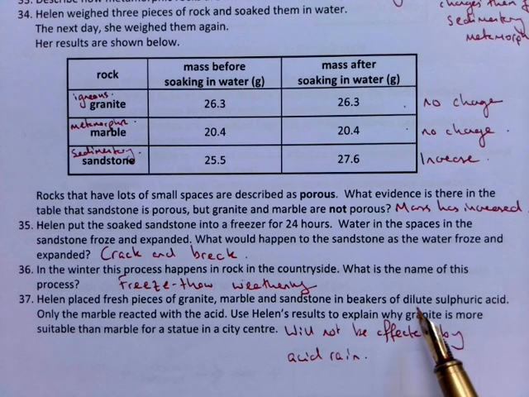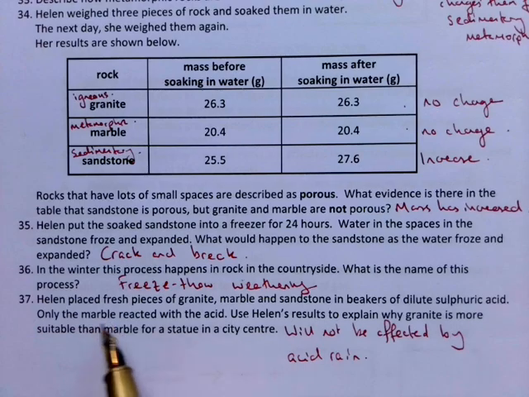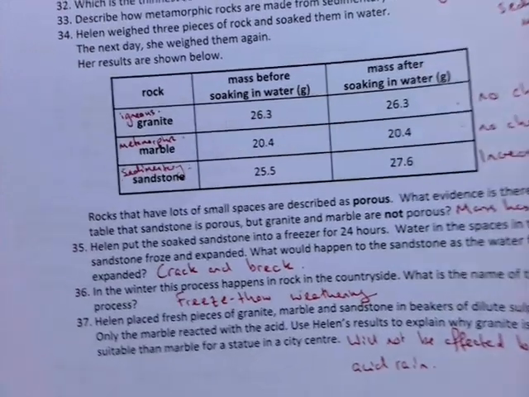You're simulating the effect of acid rain by adding dilute sulfuric acid. So if there's a small amount of acid in the rain, then it would have an effect on the marble statue. Okay, very good.